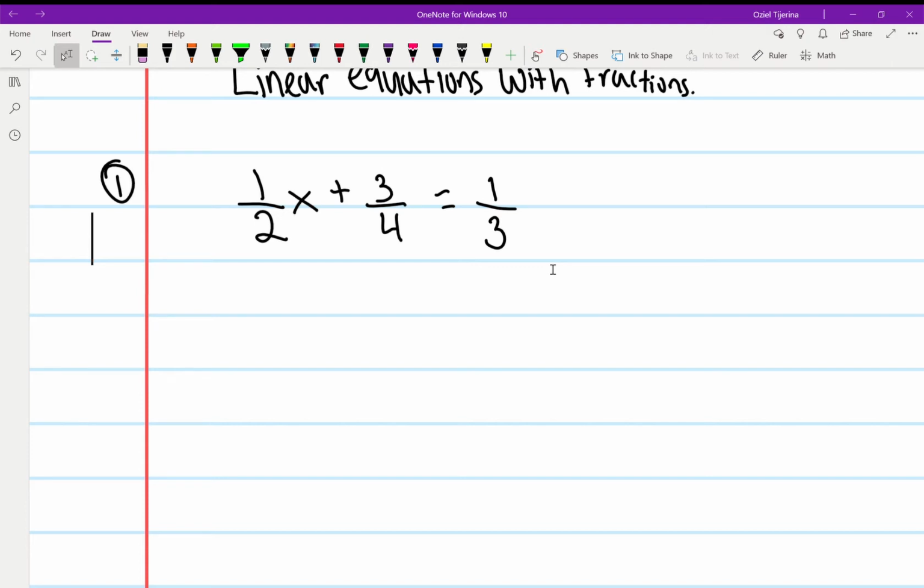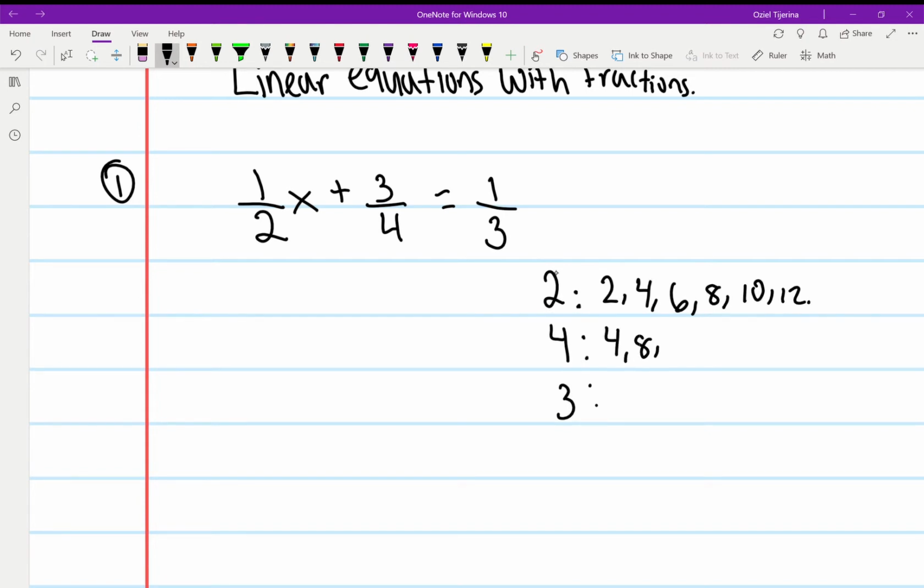One of the things that you want to do, if you do not like fractions at all, is find the common denominator for all of these, okay? So we have 2, 4, 6, 8, 10, 12, and right here we have 4, 8, 12.